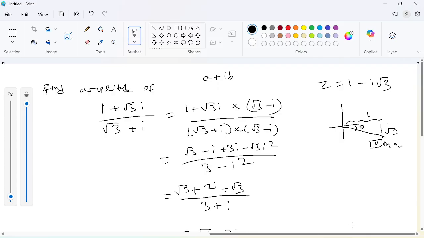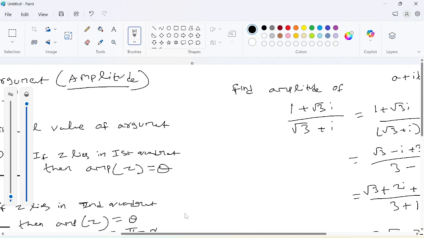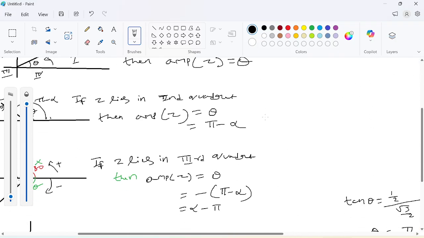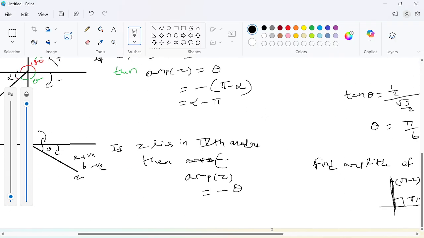So what will be your tan theta? Tan theta will be root 3, and so theta will be pi by 3. But since it is in the fourth quadrant, as we have seen in the fourth case, it will be minus theta, right?